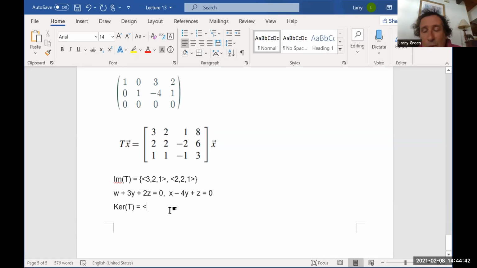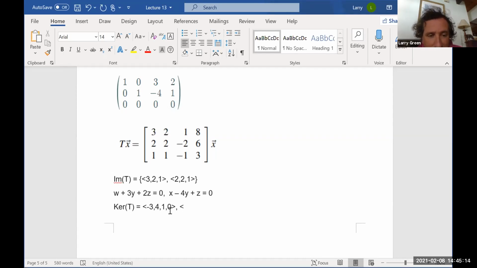So I'm going to let Y be 1, Z be 0. And if that's true, then W is negative 3, and X will be 4, Y is 1, and Z is 0. And then I let Y be 0 and Z be 1.